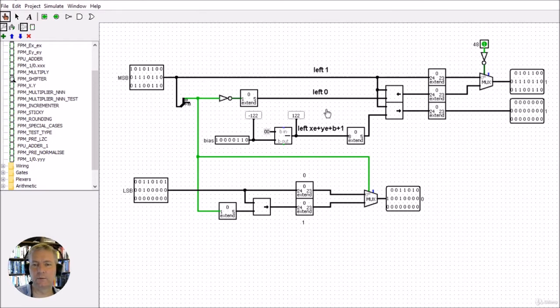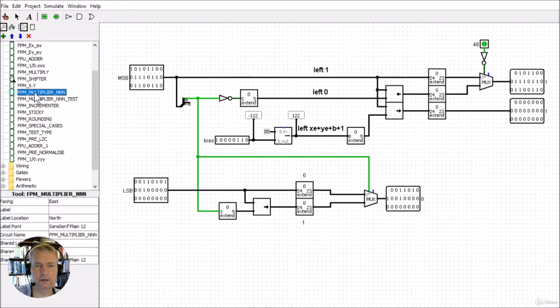Now in this instance we know that we're going to have a normal output, and we're going to have a value of 1 in the most significant bit of the multiplication, so we know we're going to have to shift the mantissa left by 1 in order to normalize it properly. So in order to do that, it's going to come through this path here. So it'll come through this path here, and we'll shift this by a value of 1, and we'll drop off the most significant bit, and this is going to give us the correct mantissa value, which is this one here, and that's chosen by the 48th bit.